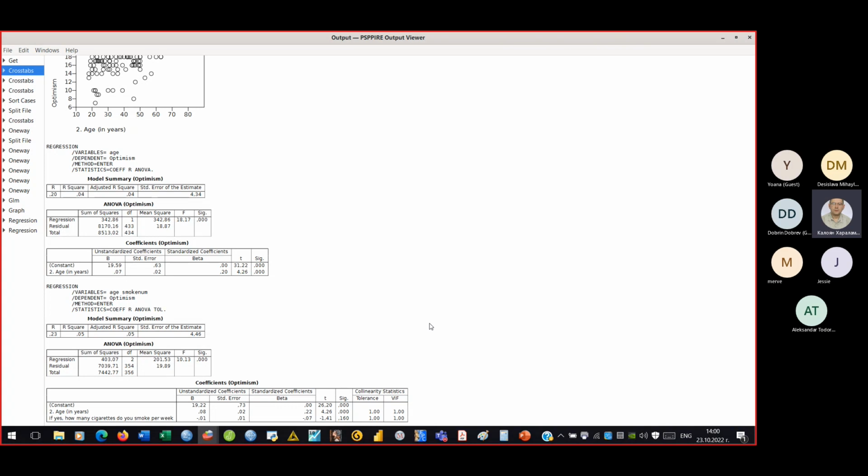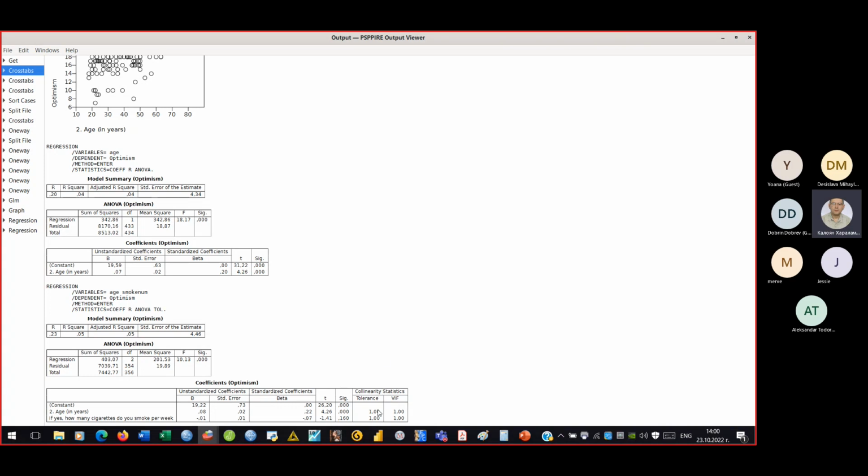And this tolerance measures the percentage of the variance of this particular independent variable which is not explained by the other independent variables.